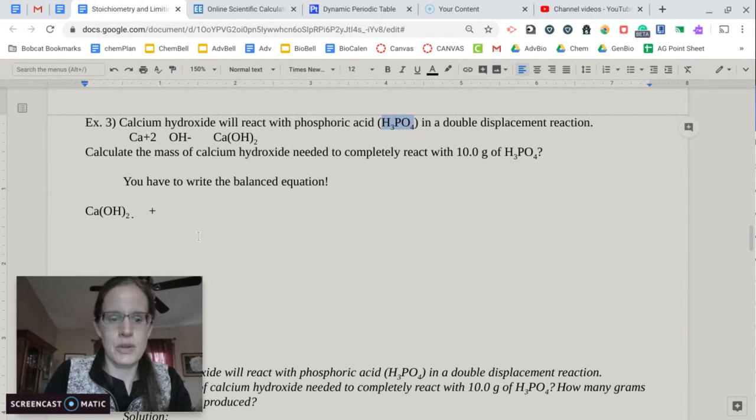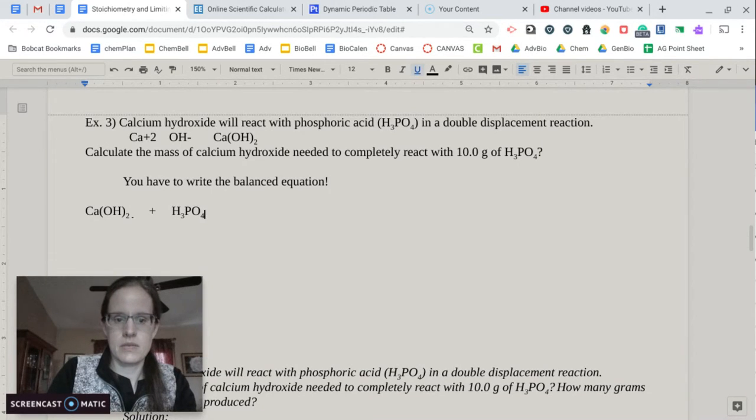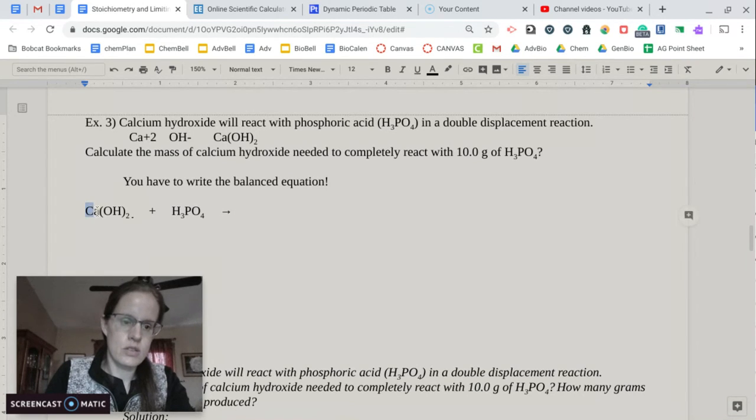They also haven't told us what the products are going to be, so we have to think about this one. This is a double replacement reaction, which means that our two metals switch places. The hydrogen and the calcium are going to swap spots. So I'm going to put the calcium with the phosphate, and you have to remember your charges.